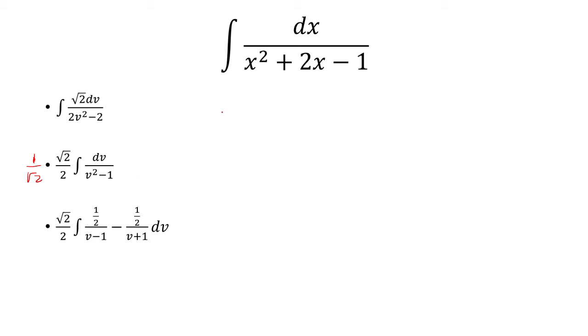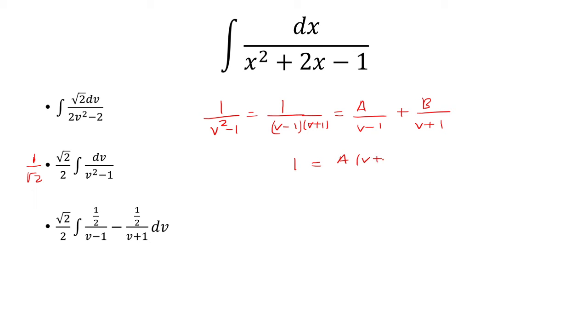And then the next step is, notice that 1 over v squared minus 1 is 1 over v minus 1 times v plus 1. And then I can break this up into two separate fractions with a over v minus 1 and b over v plus 1. Multiplying both sides by v squared minus 1, you get 1 is equal to a times v plus 1 plus b times v minus 1.